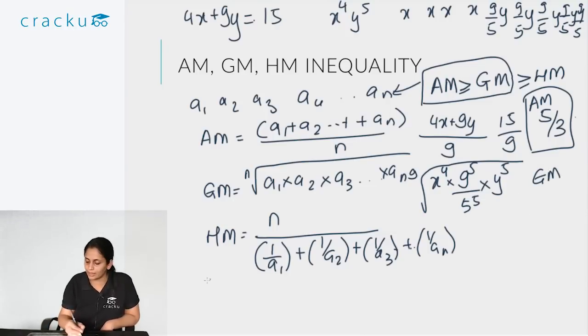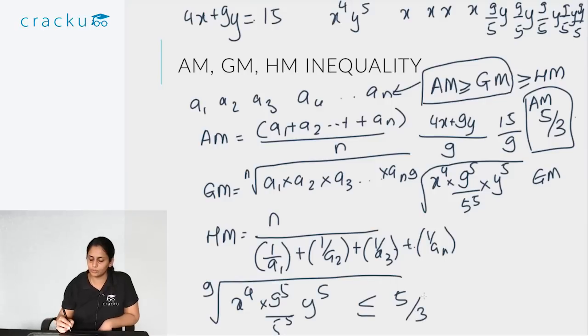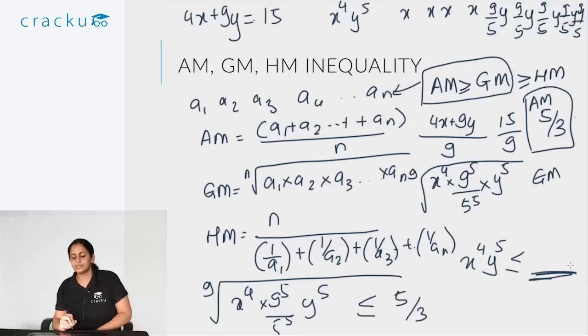So I can say that the 9th root of x raised to 4 into 9 raised to 5 divided by 5 raised to 5 into y raised to 5 is less than or equal to 5 by 3. Now I can use this to move all the constant values to the right hand side, and I will get x raised to 4 y raised to 5 is less than or equal to some value. So this is the basic use of the arithmetic mean and geometric mean property.